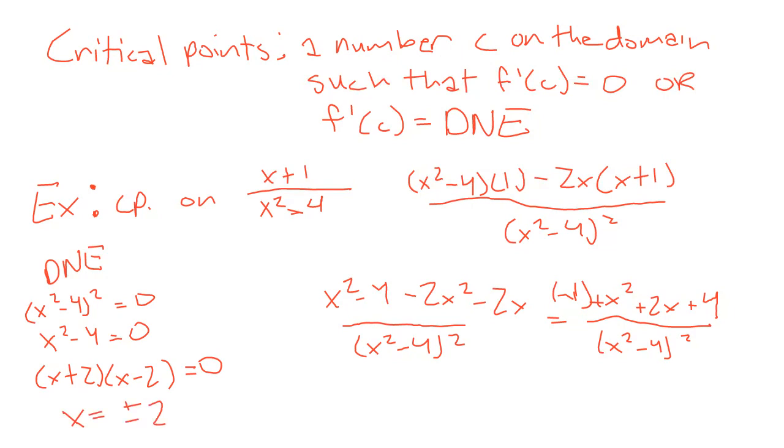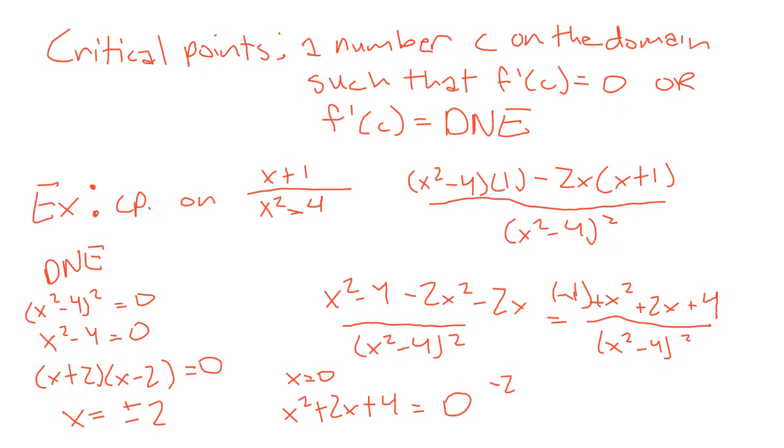If we look at our numerator, if we try to find when it equals 0, we can do x squared plus 2x plus 4 equals 0. Since this does not appear to be something that can easily be factored, we have to use the quadratic formula.